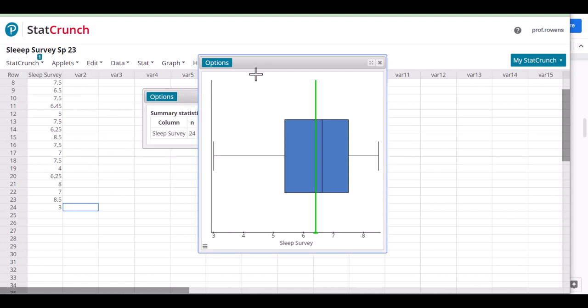So good practice with these guys. But what we want is our n, the mean, and the standard deviation.